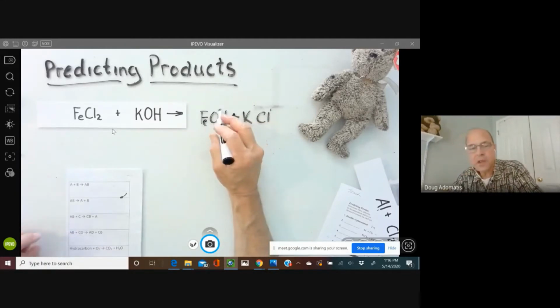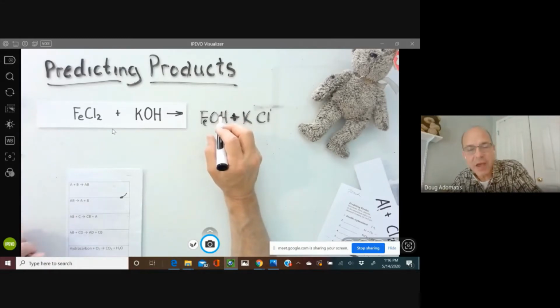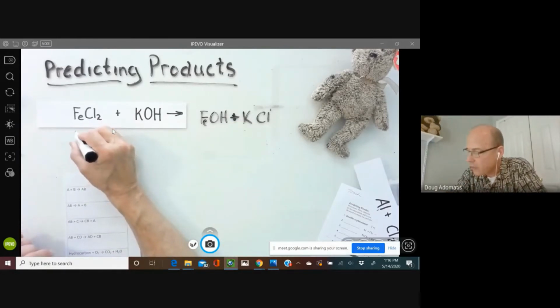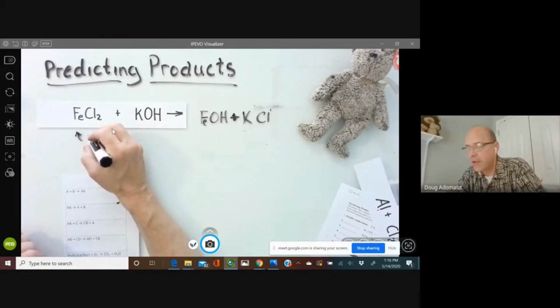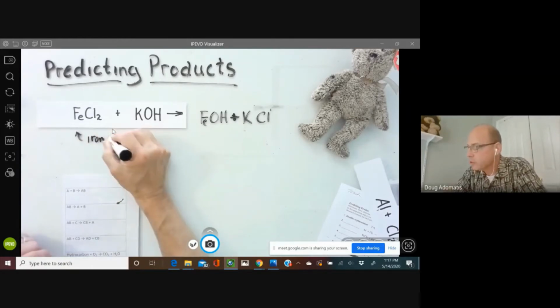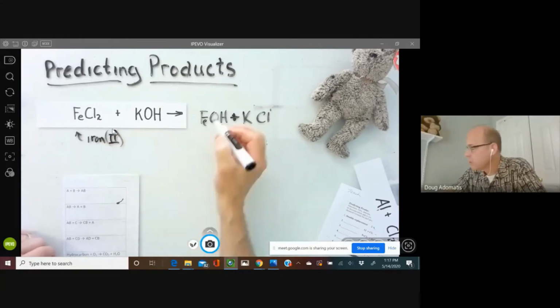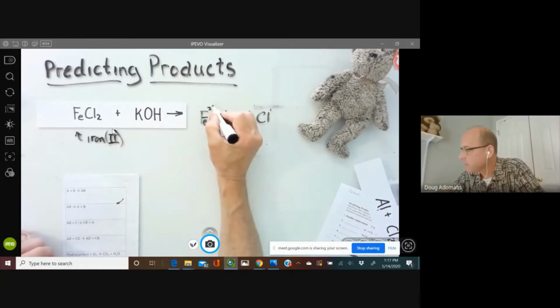Fe, you've got to be a little bit careful about because iron is a special ion. I would have had to tell you, if you were given this one for your final exam problem, that the oxidation number of this iron would be iron 2. That Roman numeral would tell you that this iron has a 2 plus oxidation number.